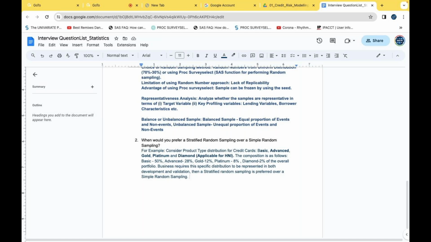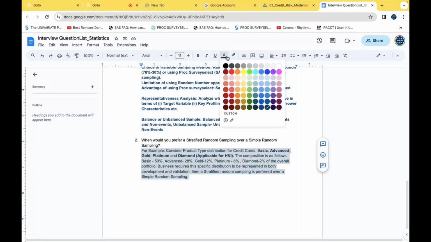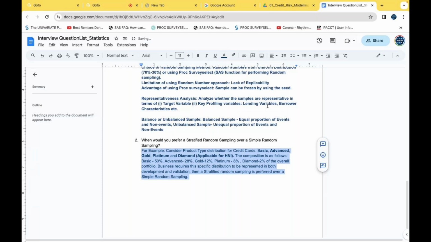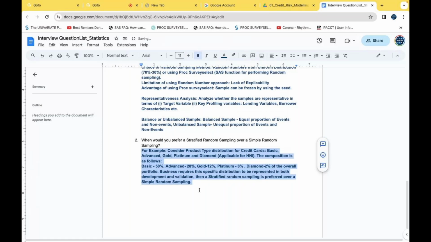Because if you are doing a simple random sampling, this exact distribution may not be represented in the development and the validation. So maybe the development has 51% of basic and the other has 49%. There is not a significant shift, but the exact representation is not there. If certain categorical variables need to be represented in specific proportions in both the development and validation data, then this is what is done.